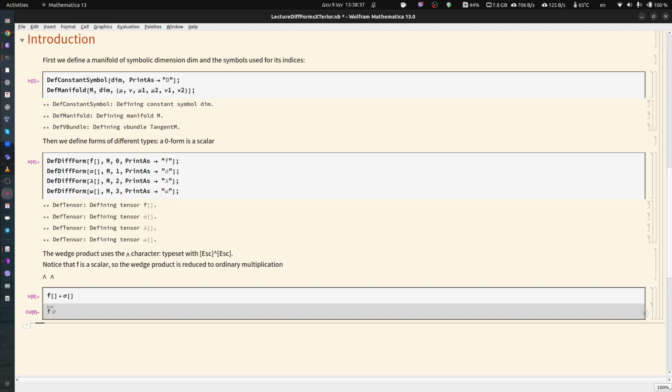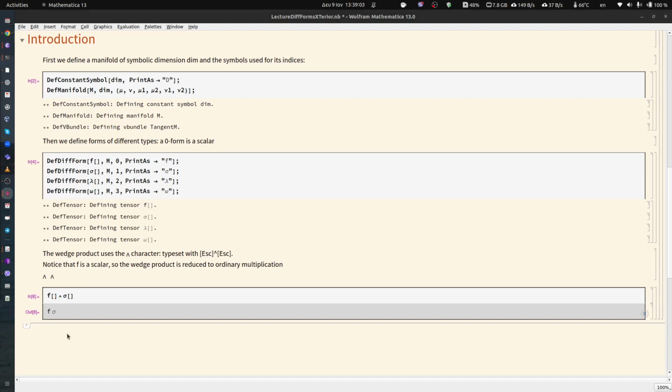You see the output here is simpler than the input. The square brackets have been removed, and the PrintAs option is used to print those forms any way we like. Furthermore, the very simple rule that the wedge product with a 0-form is the ordinary product is also applied here.